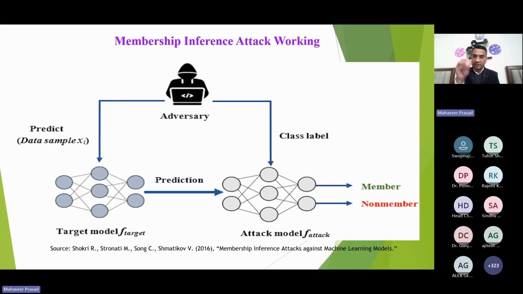That prediction he's giving into his own model, and by just noticing the behavior of the model output, he will come to know whether this data was used in training of this particular model or not.